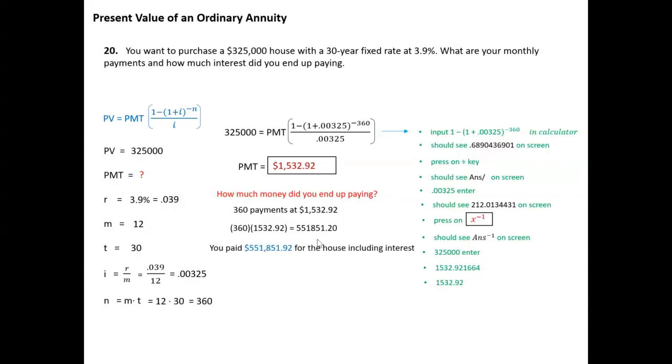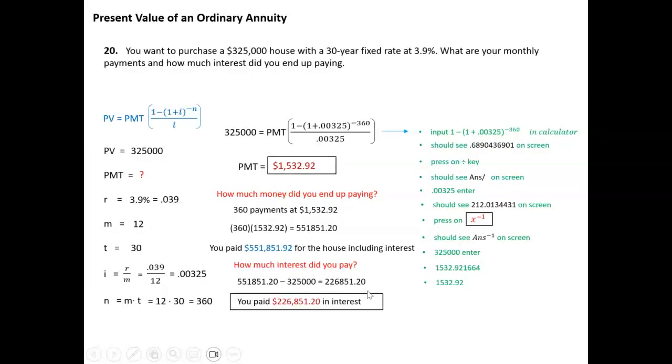That's how much you end up paying for the house. So how much did you end up paying in interest? We subtract the money that you borrowed, the $325,000, from the $551,851. So you end up paying like $226,851.20 in interest. That's a lot of money.